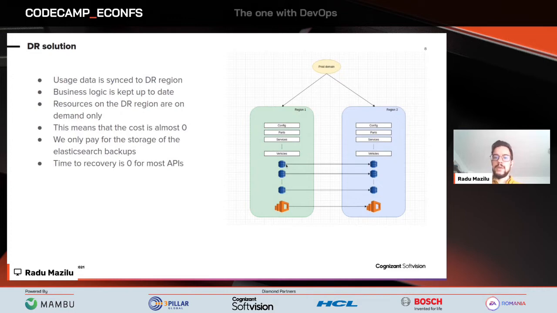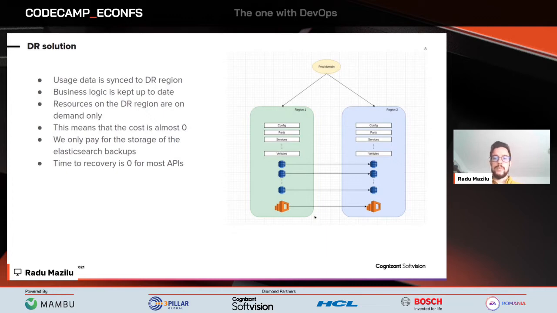We use global DynamoDB tables to synchronize data. So DynamoDB has an out-of-the-box replication service, and you just need to tell it, okay, write to this other region as well. And it's multi-master as well. So you can write in this region and it will be synchronized into the main region. It's not only read-only.